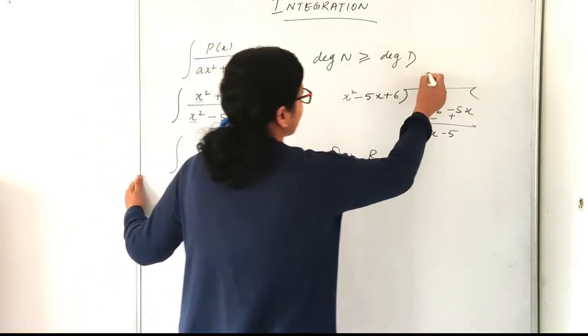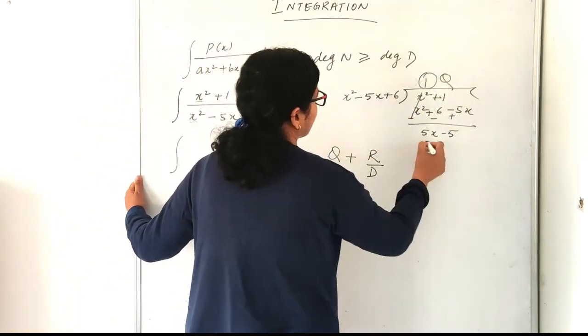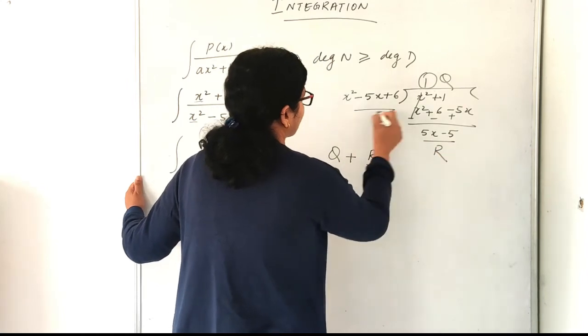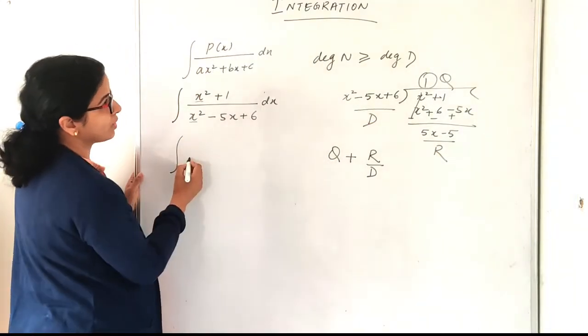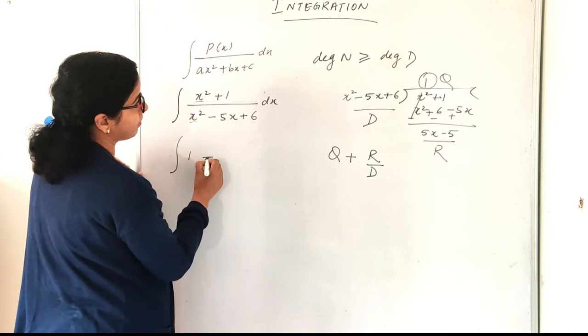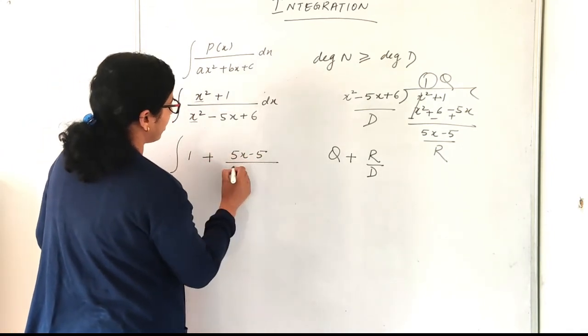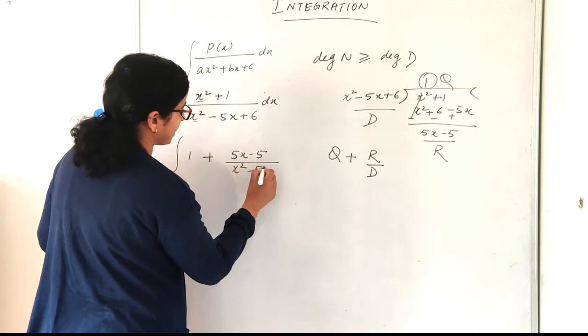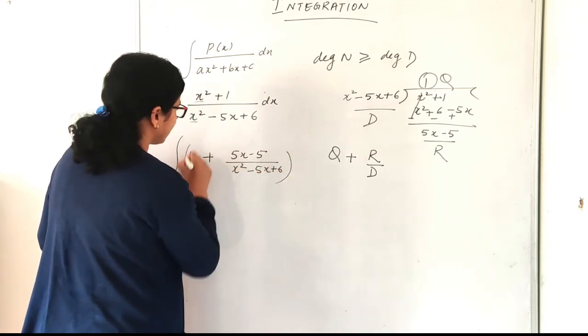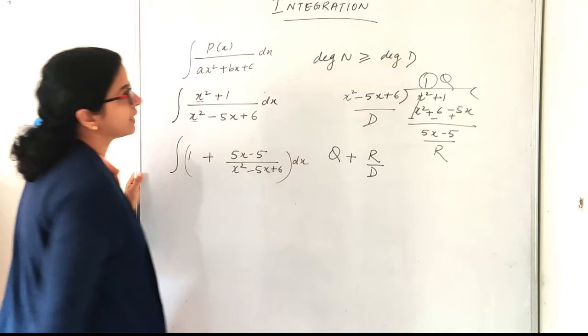What does that mean? This is my q, this is my r and this is my d, correct? So this can be written as 1 plus, remainder is 5x minus 5 upon, divisor is x square minus 5x plus 6 dx. Is it clear?